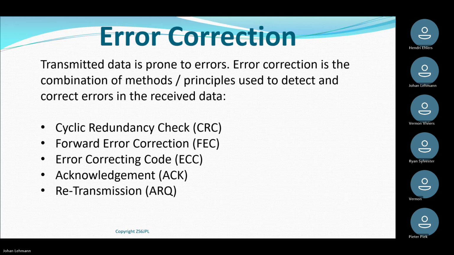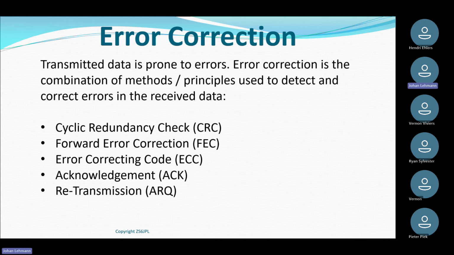So error correction is what we use to fix it so that we don't have to keep on repeating ourselves. It's like a telephone conversation. When they can't hear you, people will tell you, please say again, repeat that. I can't hear that, say again. With error correction, we're avoiding that by using methods to fix it as it happens.